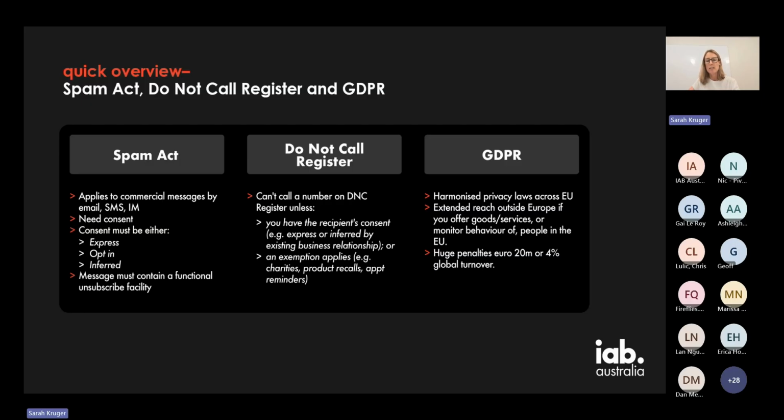There are huge penalties, up to 20 million euro, or 4% of global turnover. So it's worth getting right. And as you'll all know, a lot of partners insist that you are GDPR compliant, even when you're based in Australia.